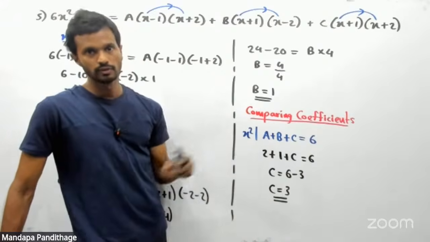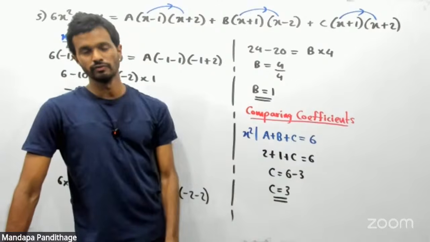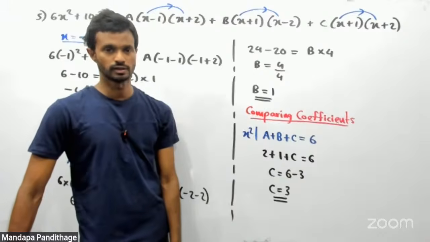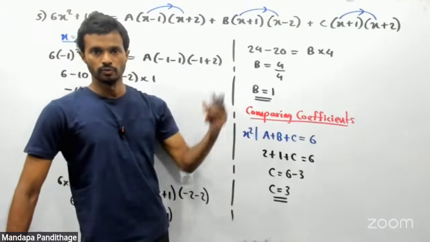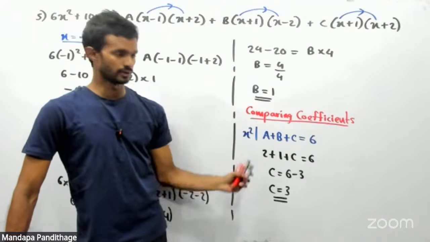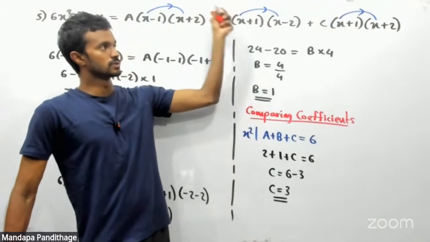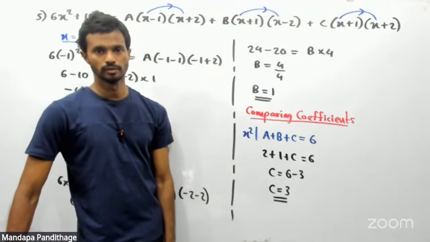So after substituting values, because we have to understand by now, the easier method is substituting values, because you don't have to rearrange this and find the coefficient of this and this. You can just keep substituting values and most of the terms become 0. But if you realize, like in this case, you can't take out these two by substituting the same value, you have to turn to comparing coefficients.